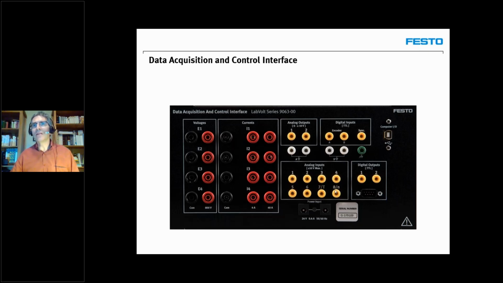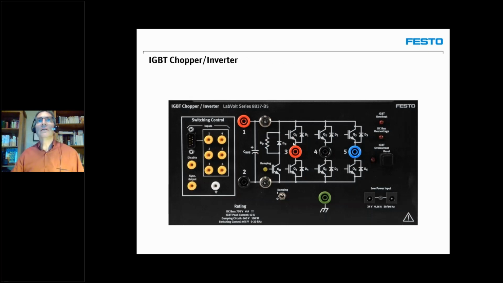So 8 analog inputs that can accept values between -10 volt and +10 volts. We will use these inputs also tonight to monitor the triggering signals, the switching signals that we are sending to our transistors.